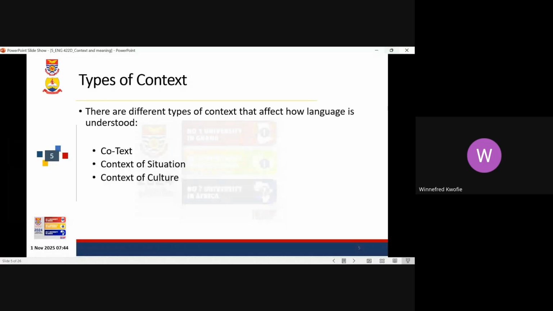And the context, I said, is where you are looking at the surrounding words that occur with the word that you want to understand, or the surrounding phrases or the surrounding text that helps you to understand.